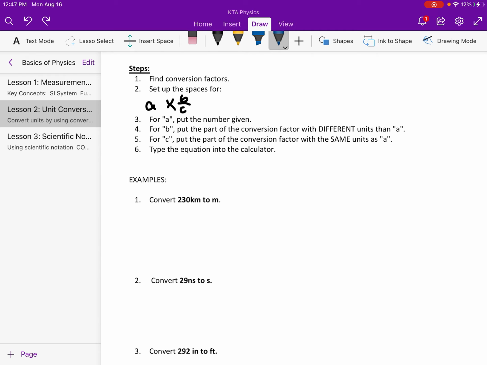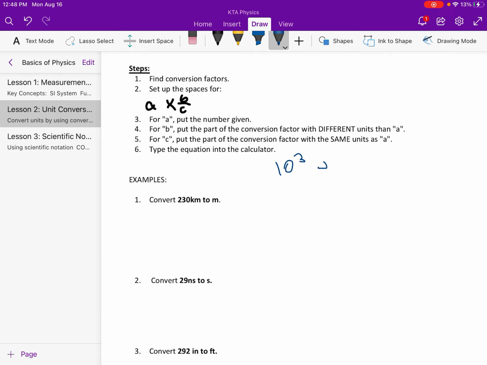If we look on the table, which I don't have up here, you can see that kilo is 10 to the third power. So how many kilometers are in a meter? We can see that 1 meter would be 0.001 kilometers, but how do you know that?